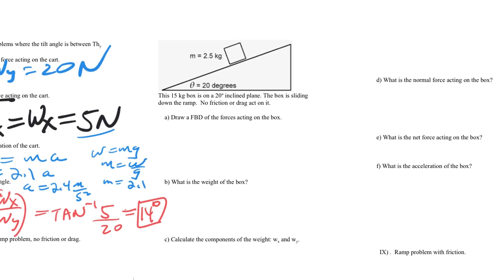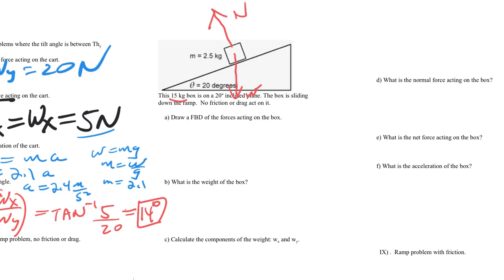Okay, so this one, you actually have to find the x and y components. So mass is 15. So let's draw on the ramp. Let's draw what we're going to do. There's the weight. There's the normal force, perpendicular to the surface. No friction or drag, so I'm staying kind of simple still.